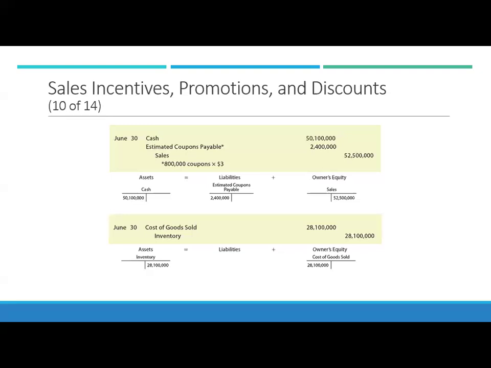So now it's June, the customers are using the coupons. And so the revenue is 52.5 million now, even though the cash received is only 50.1 million because the customers use the coupon. But we're reducing our liability as they exercise these coupons. And then the cost of goods sold is just the cost of the merchandise that's sold. There's no effect there.